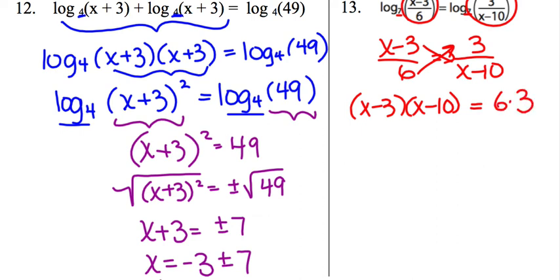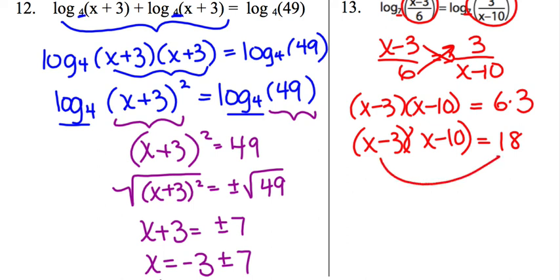All right, this one's a little more challenging. If you remember, when you have quadratic equations, you have to factor. You have to distribute this out and factor. It's already in factored form, so this is going to equal 18, and that's going to equal 18.